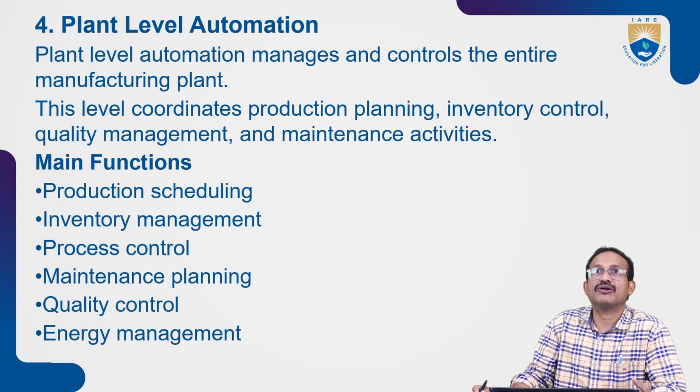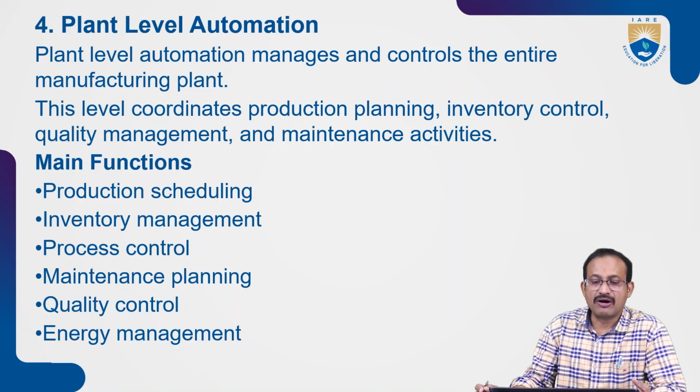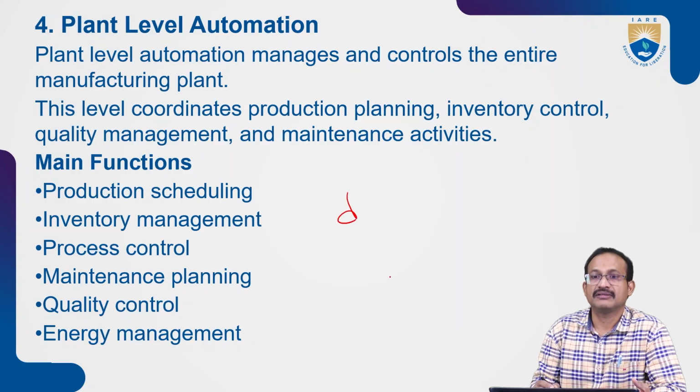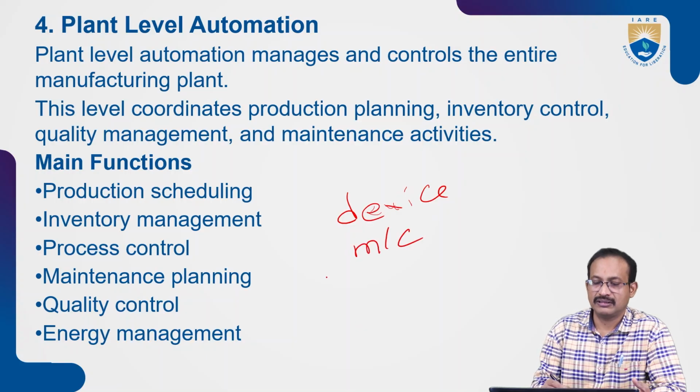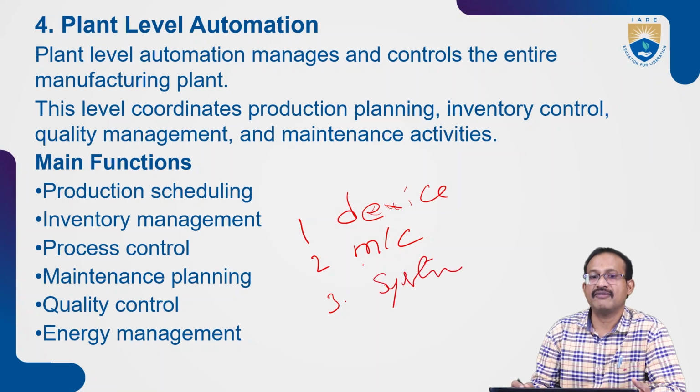Next, plant level automation. Plant level automation manages and controls the entire manufacturing plant. So the first one is device level, the second one is machine level, the third one is system level or cell level, the fourth one is plant level.